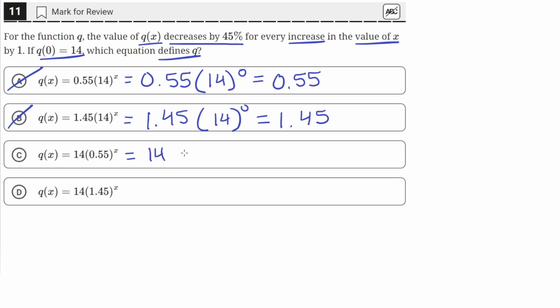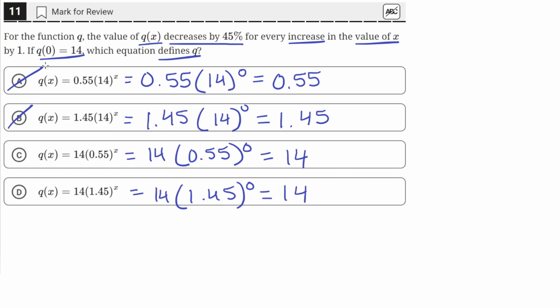So we'll have 14 times 0.55 raised to the 0th power, which is just equal to 14. So that's good, because it satisfies the initial condition. And then answer choice D, 14 times 1.45 raised to the 0th power is also equal to 14. Okay, so C and D both satisfy the condition that q of 0 equals 14.